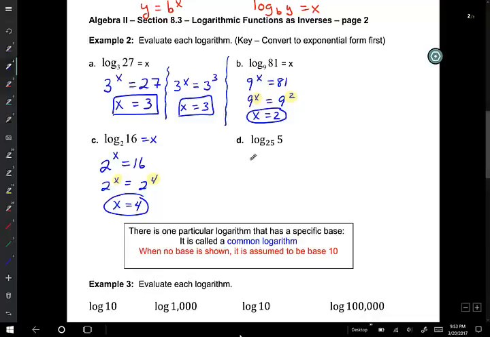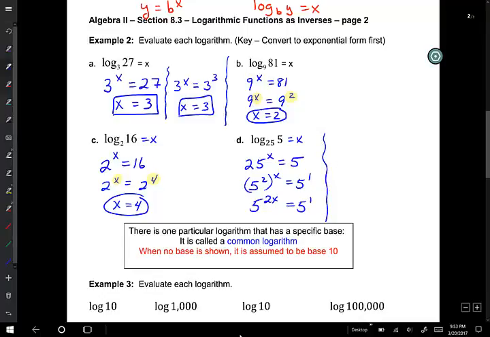Our base here is 25. So 25 raised to the x equals 5. Now this is the first time that it's a little bit different, but I can write 25 as 5 squared. And 5 equals 5 to the first. So 5 to the 2x equals 5 to the first.